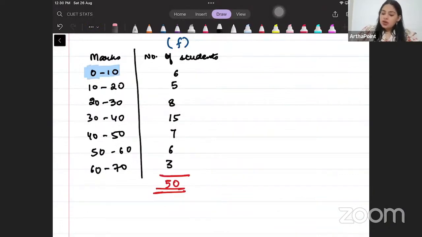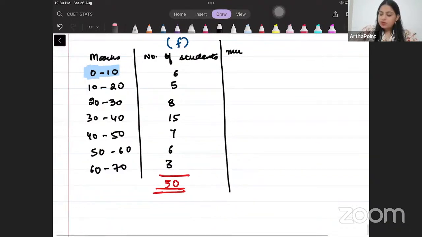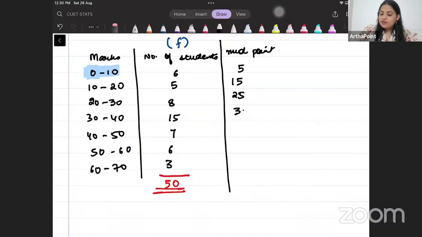Okay, so now in order to go ahead and use the step deviation method, as I told you, you have to start by first finding the midpoint only. So beta midpoint nikal do. Midpoint will be between 0 to 10, 5, 15, 25, 35, 45, 55 and 65.